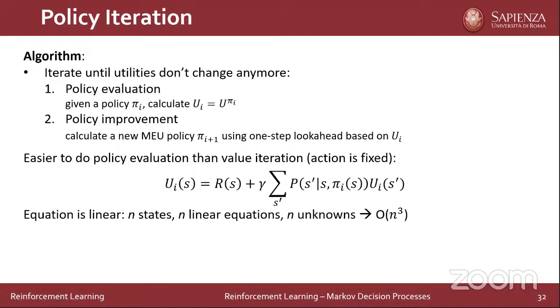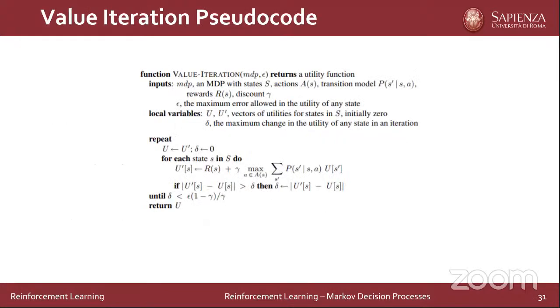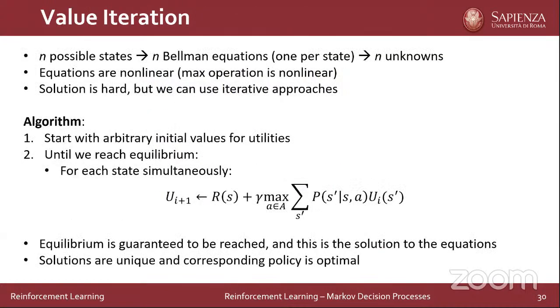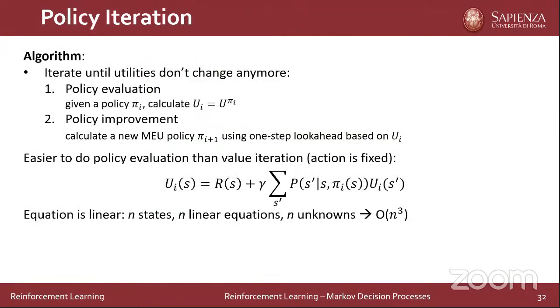Now, instead of considering all the actions, you consider one single action, which is the action that the policy gives you. So you see the difference from what we did before. Here, we considered all the actions. We were taking the maximum over all the actions. Here, we're considering one single action, the action that the policy would give you.